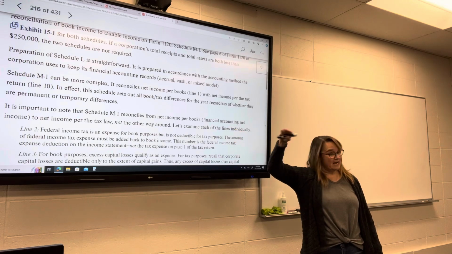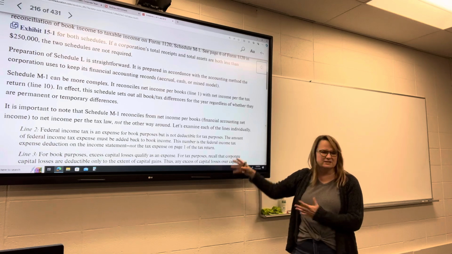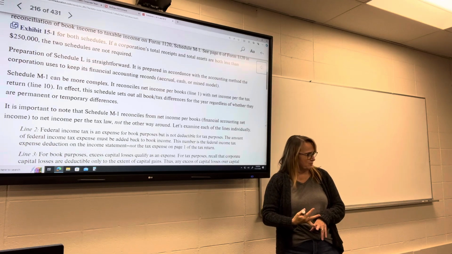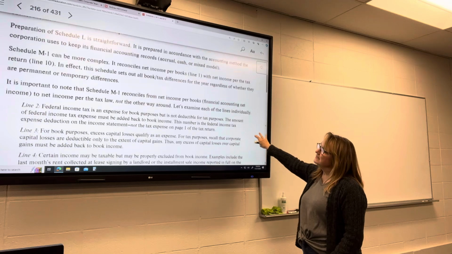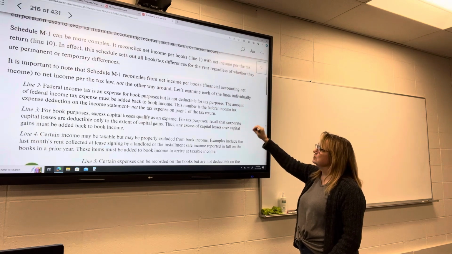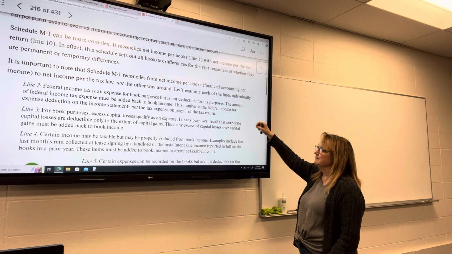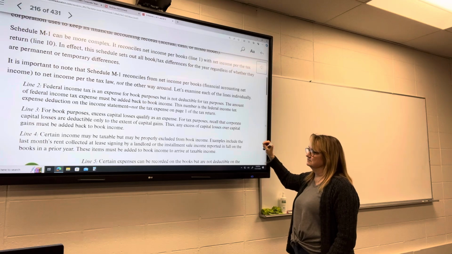So the amount that's actually on the first page of the corporate tax return. Like I said, they do these for partnerships and S corporations as well. Again, we're going to start with the financial accounting income and work our way to tax income.